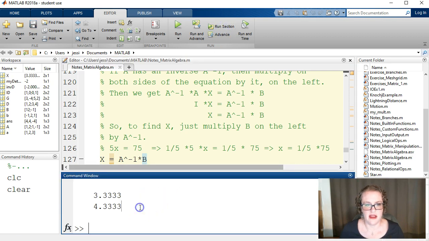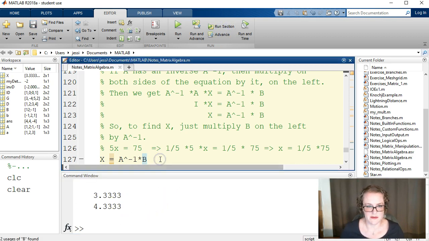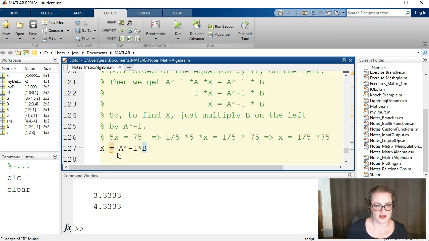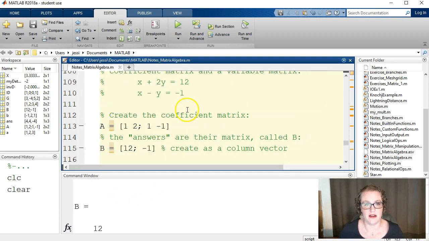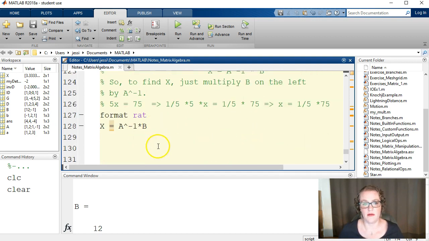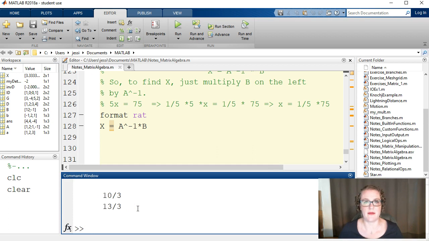Run section. And we get fractions, but let's format rational just so that we can see the fractions real quick. 10/3 and 13/3. It's always going to be in the order x, y, because we're following along the order that we had here. So you just need to know that the first number is x, the second number is y.